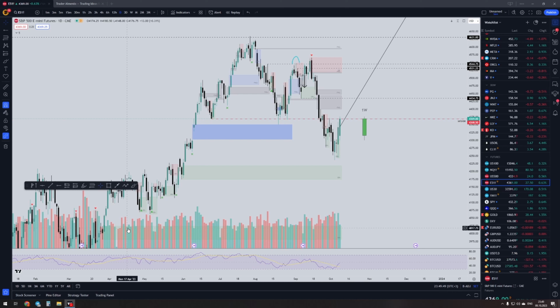I don't recommend using it on intraday trading. I prefer using it for investment stuff. For example, you can use 300, 400, 500 moving averages and just buy based on these levels, and that's it.